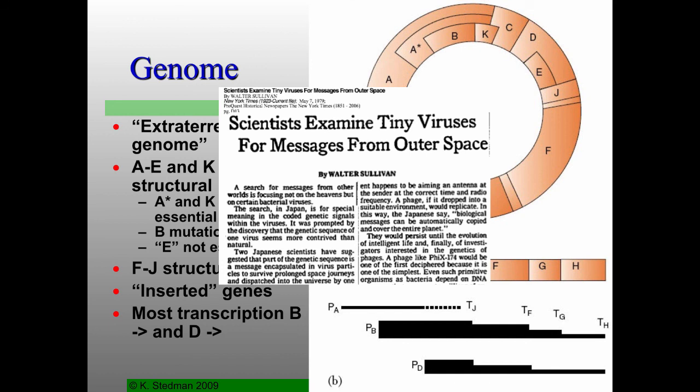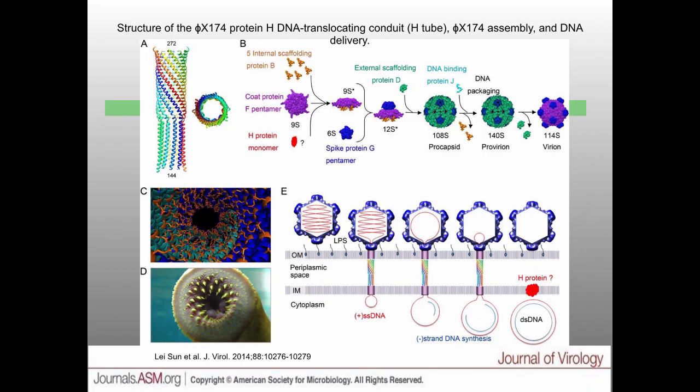So Phi-X174 does, but many of the other microviruses actually do not have an overlapping open reading frame there. And even this B protein, the internal scaffolding protein, is also not commonly present in a lot of these other microviruses.